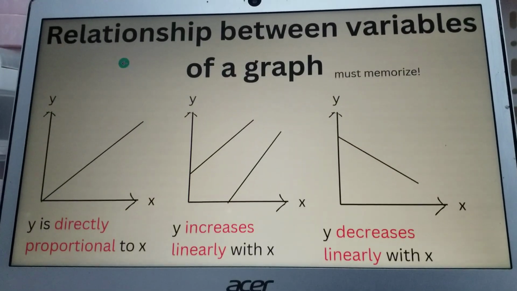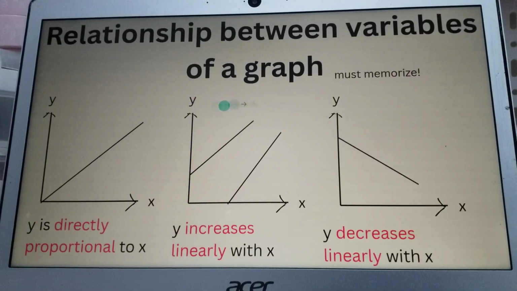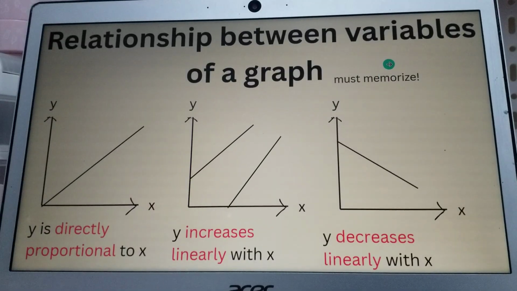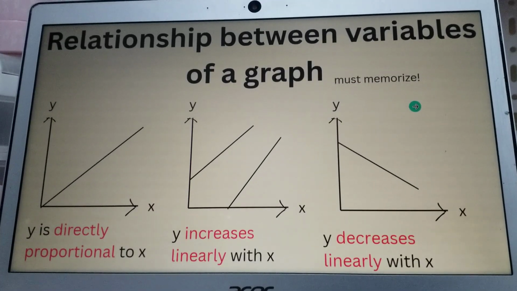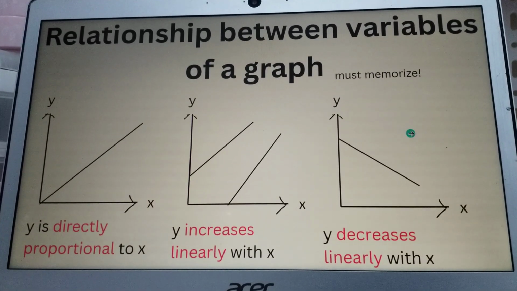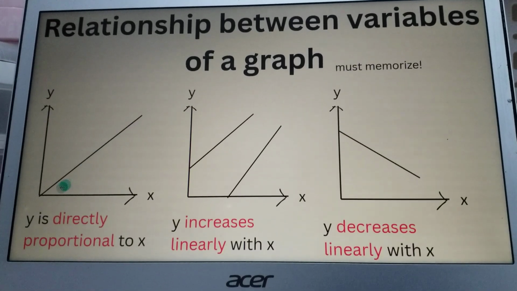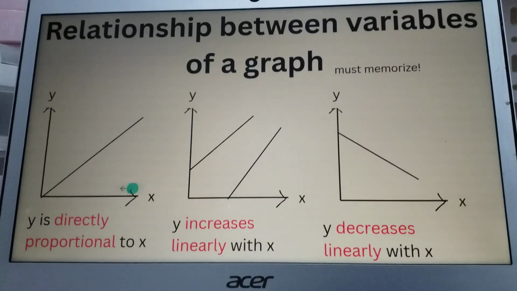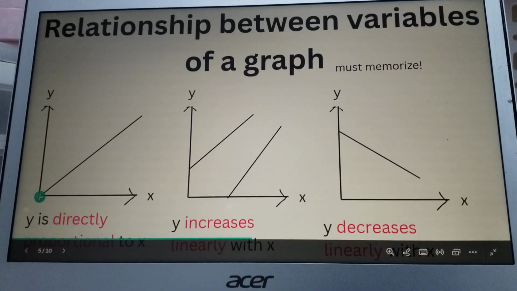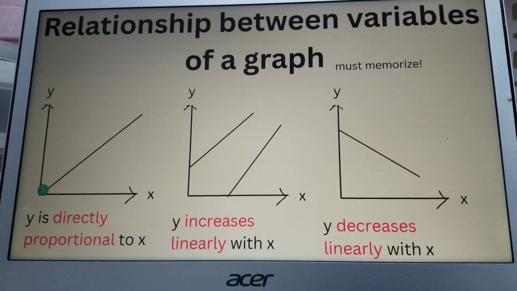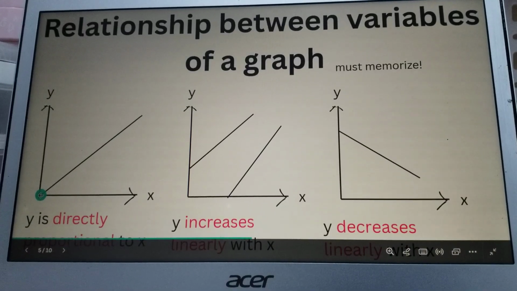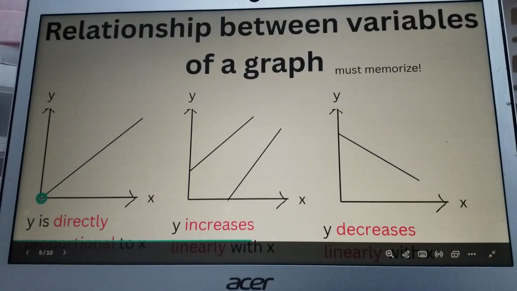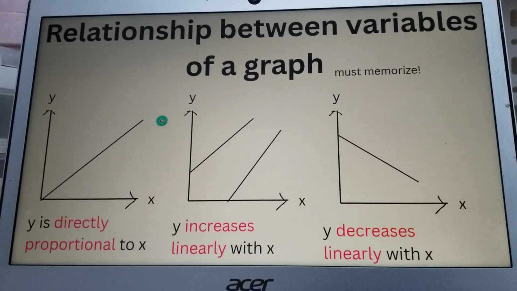Next is the relationship between variables of a graph. This we must memorize because we will be using it in paper 1, paper 2, and paper 3, especially paper 3. So the first graph: y against x. The line starts from 0, 0, which is the origin, and it goes up.